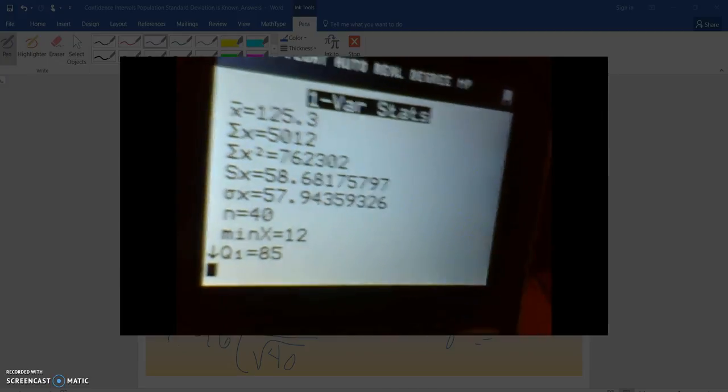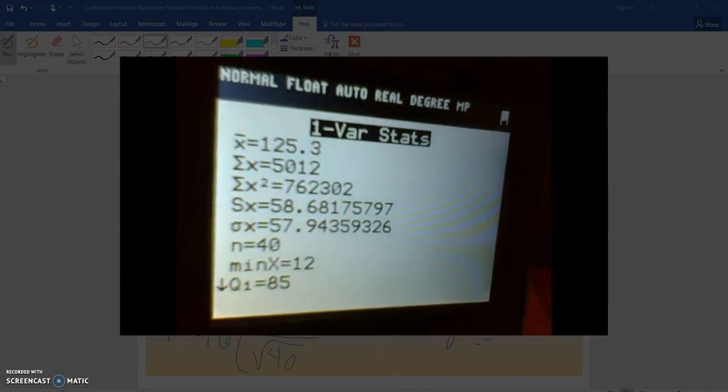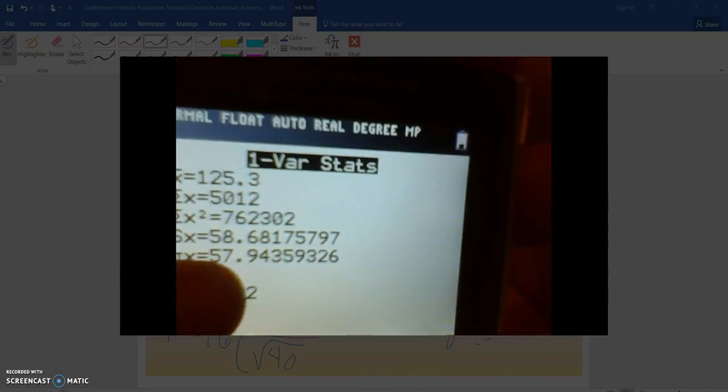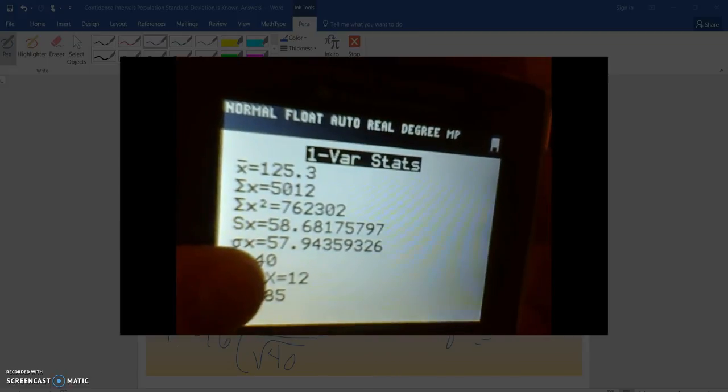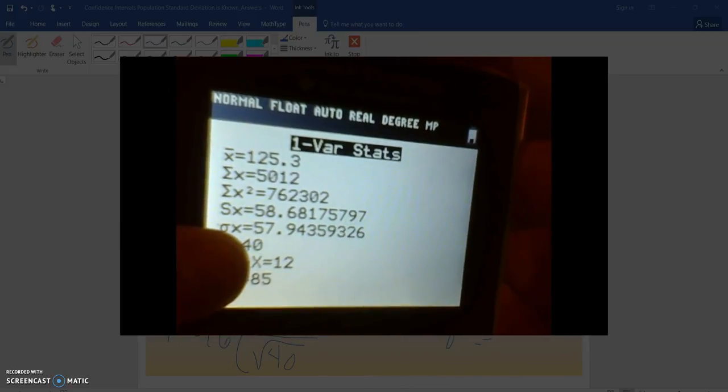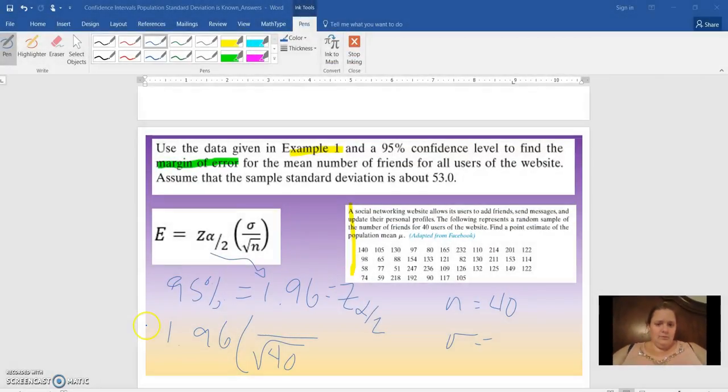All right, standard deviation is that one right there, sigma, so it's 57.9. We're not going to use the sample. So I'm going to put this 57.9 in.